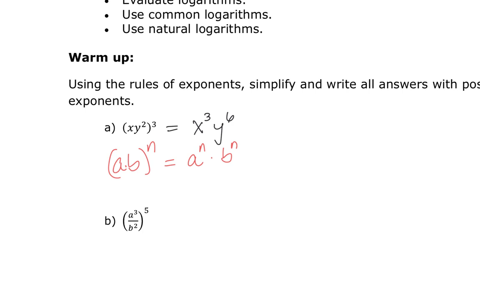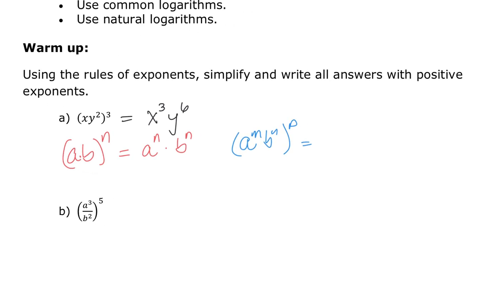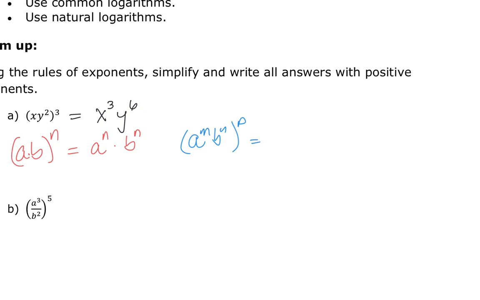Furthering this, suppose I have (a to the m, b to the n) to the p power. Because it is a power-to-power rule, this becomes a to the mp, b to the np.